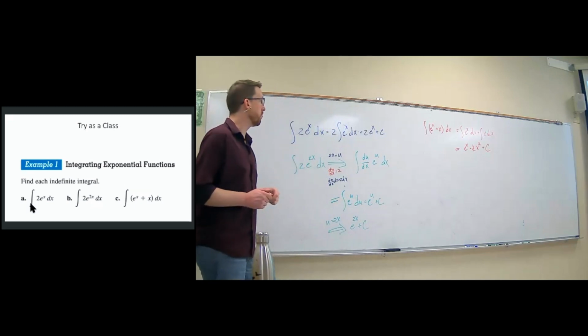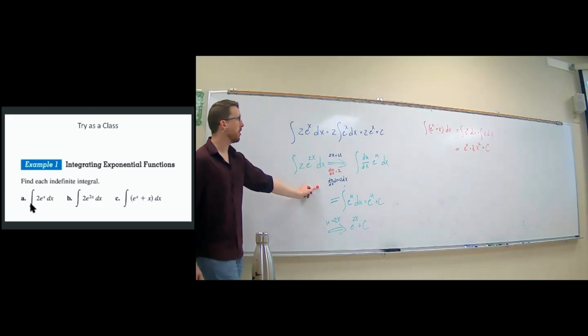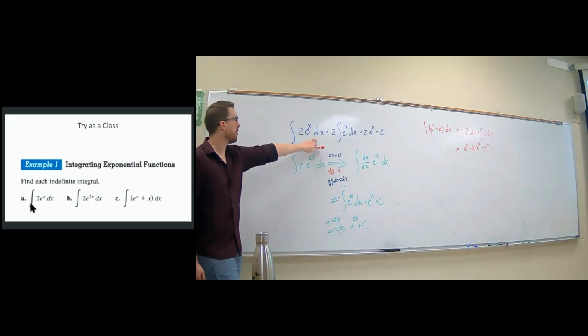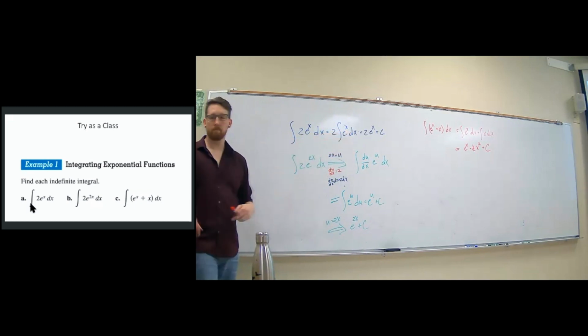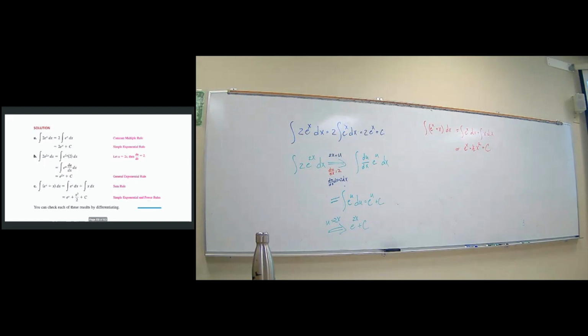Nothing really changes. All the same rules apply. U substitution or the general exponential rule, right? We can just pull out that constant, and there we're going to use the sum and difference rules. So constant multiple rule, u sub, and then here is just sum and difference.